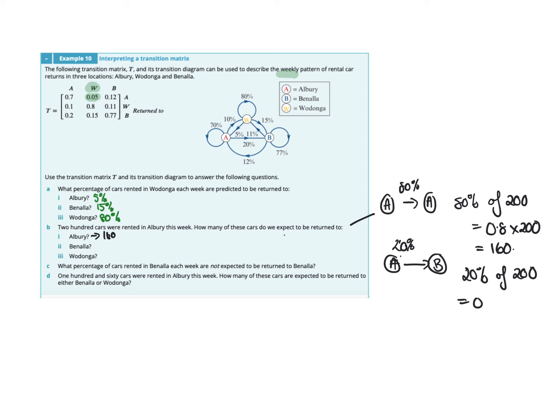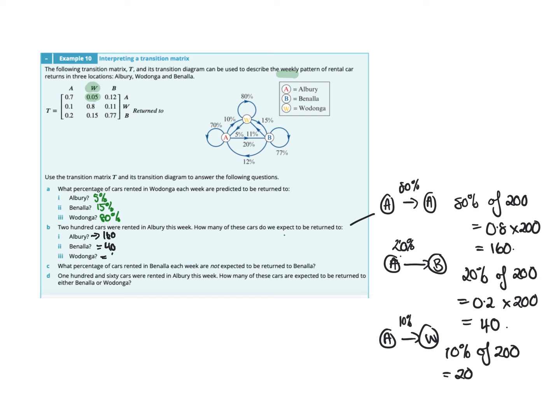If you want to change it to decimal, it'd be 0.2 times 200, which equals 40. And then the last one is they want to know what went from Albury to Wodonga. Albury to Wodonga is 10%. So 10% of 200 equals 20.